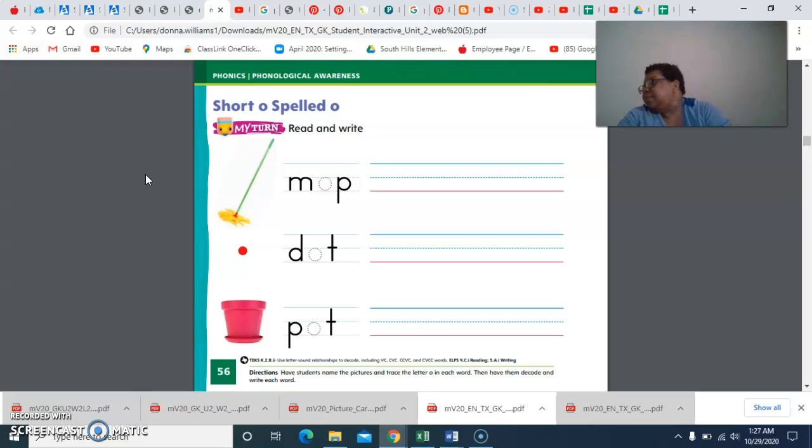Next word. Ready? Here we go. Mog. And you have to remember, what letter is that?